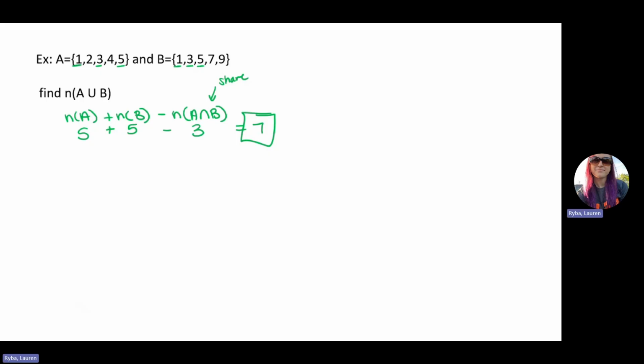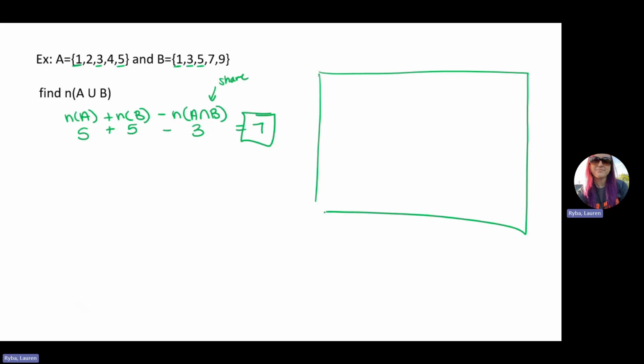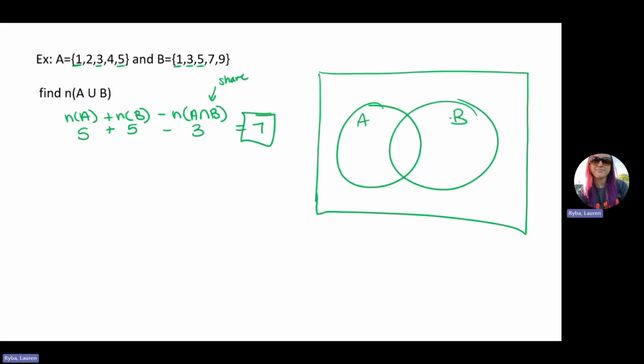Now, if you don't like this, you always have the option to go back and draw your Venn diagram. And I always start with what's in the middle. So what's in the middle is 1, 3, and 5.